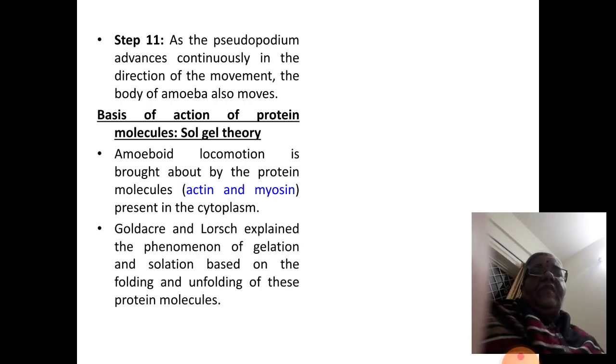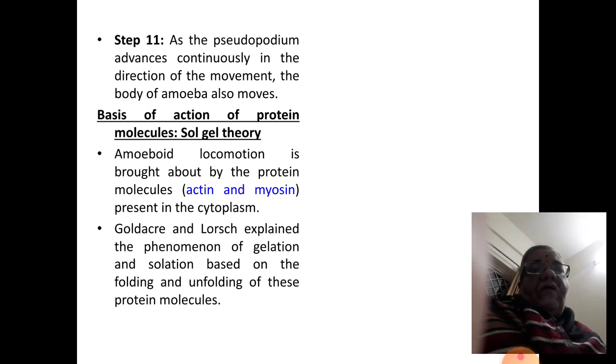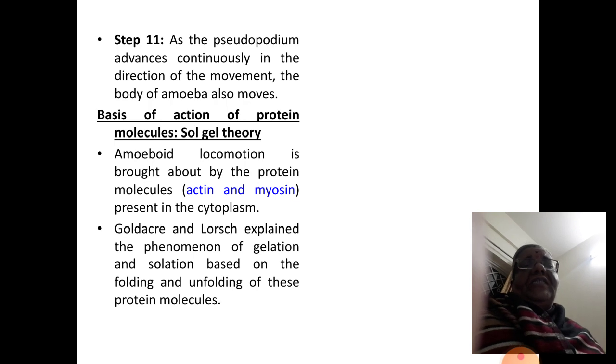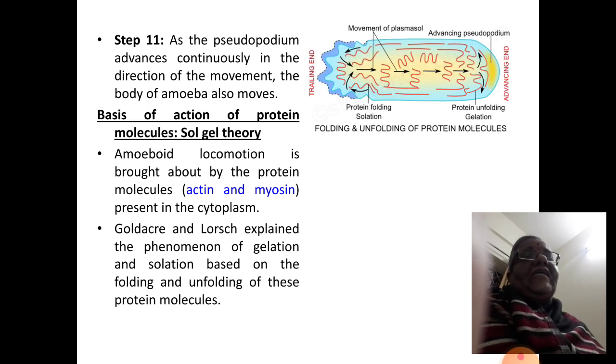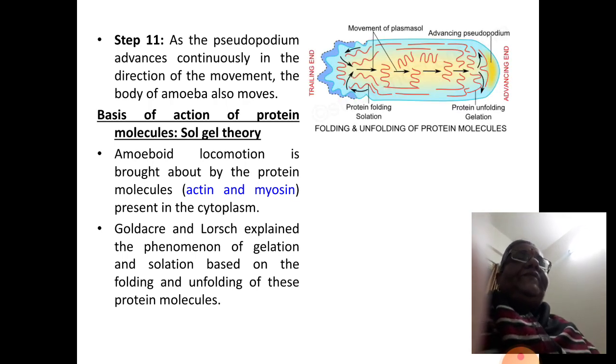The interconversion of sol and gel, the phenomenon of gelation and solation, was explained based on folding and unfolding of these actin and myosin molecules.